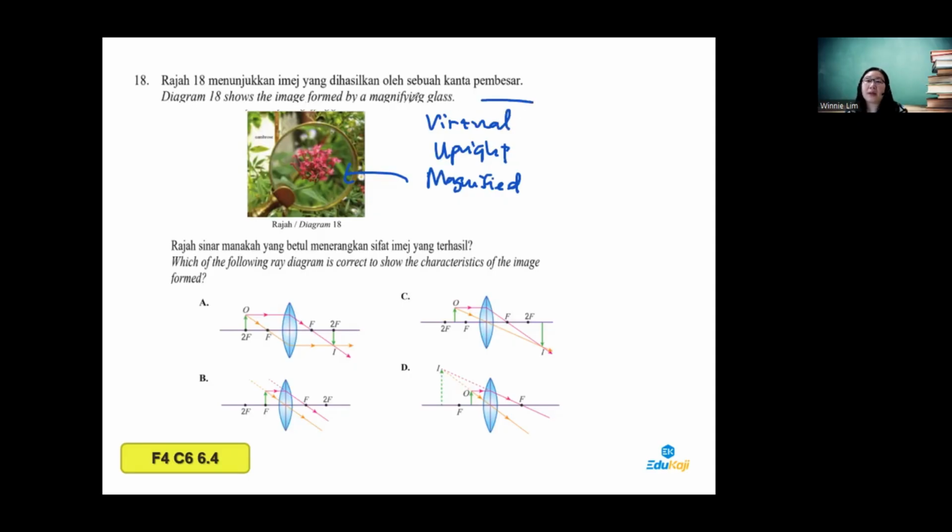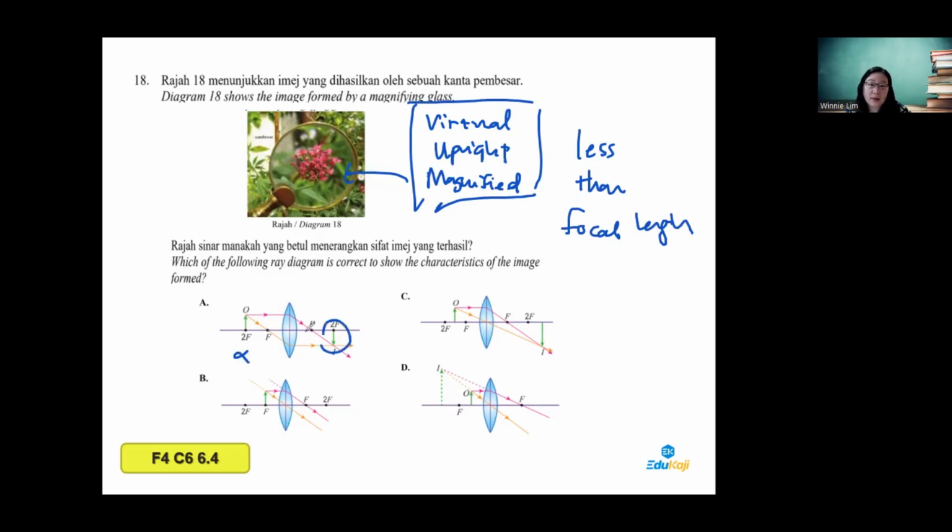To obtain the characteristic here, the distance of the object from the lens is supposed to be less than the focal length. So object less than focal length, this one cannot, because they are the same size.